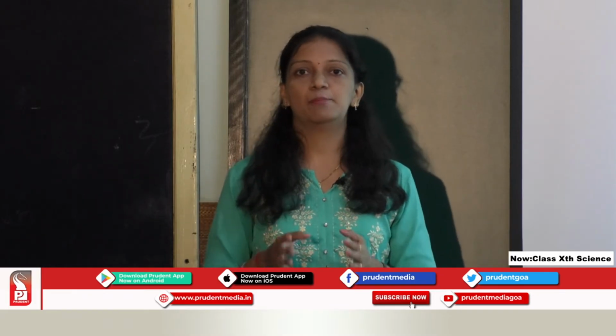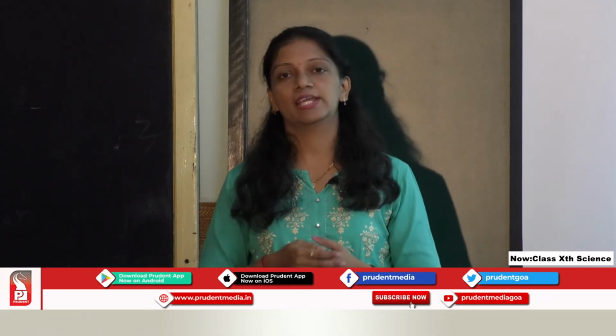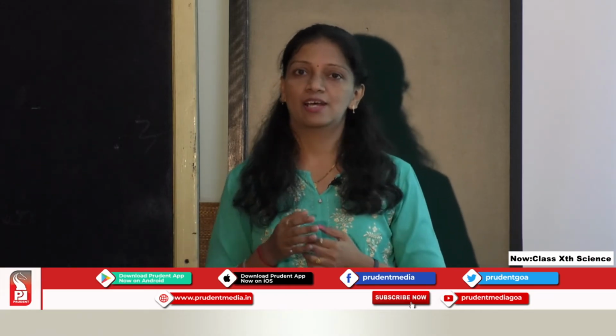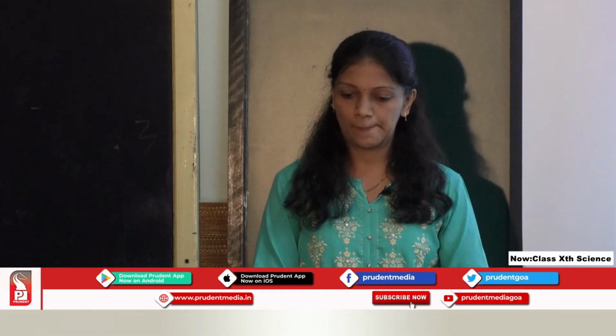Non-renewable sources are the sources which are exhaustible, which we have very limited in supply and they are going to get over. They require millions of years for their formation. So conventional sources are divided as renewable and non-renewable sources. So under renewable we are going to learn about water, biomass and wind, and under non-renewable we are going to deal with fossil fuels. So let's start with this non-renewable source, fossil fuel.